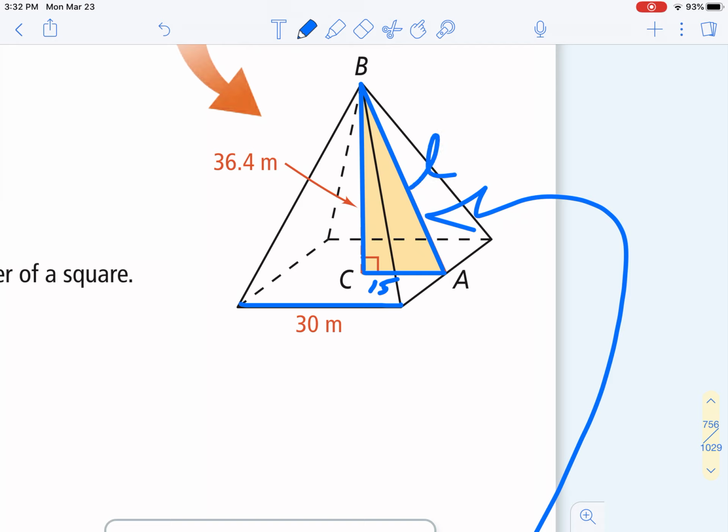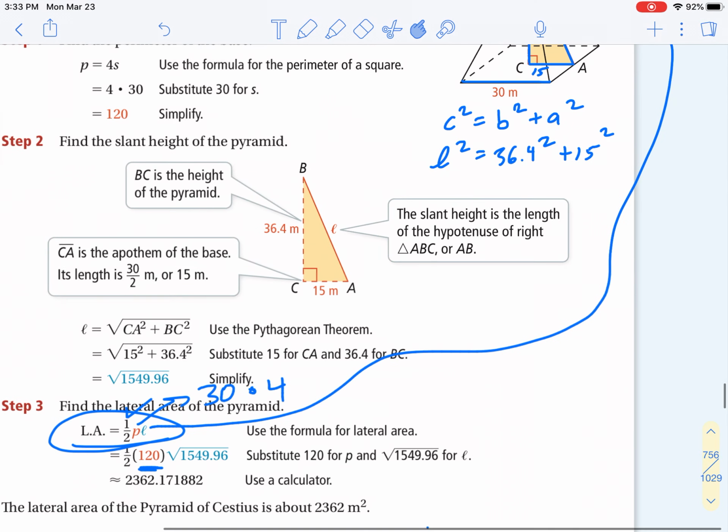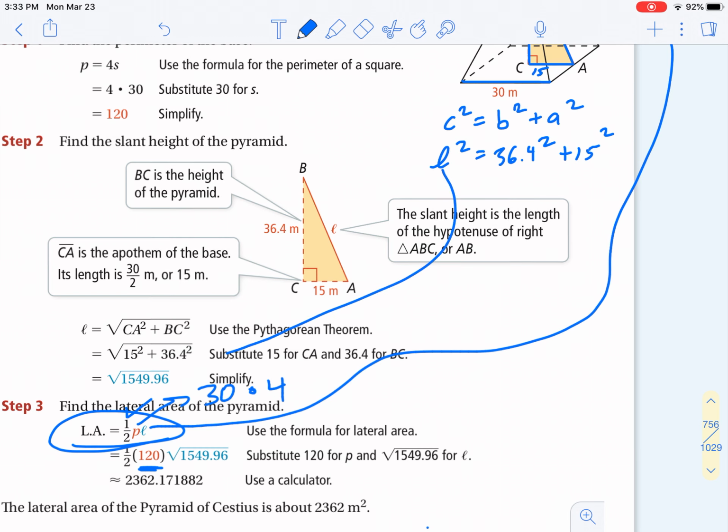So the slant height is basically equivalent to, using the Pythagorean theorem, L as the hypotenuse, B as the 36, B squared, and the apothem as A squared. If we match all that together, it will match up with that right there. Punch it into your calculator, and we'll get that as our final answer.